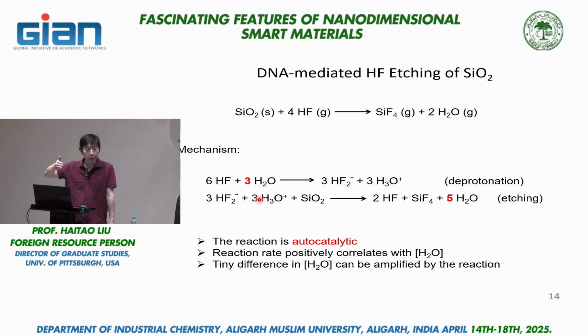The presence of DNA would change the amount of water vapor absorbed on the surface because DNA can enhance water absorption under certain conditions and prohibit water absorption in other conditions. But also what's interesting here is because of the autocatalytic nature, even tiny differences in the water concentration on the surface can be amplified by the reaction itself.